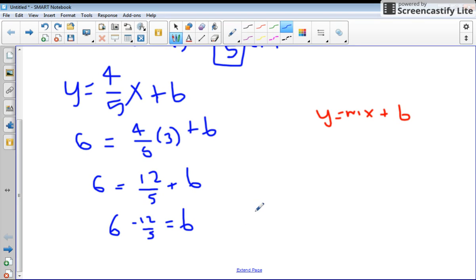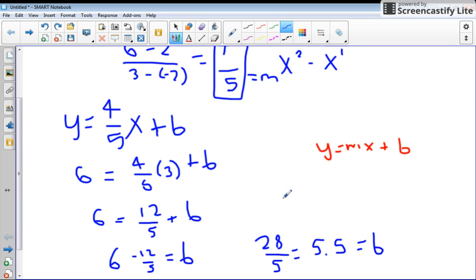I think it actually is going to end up being something like 28/5, which is a hair over 5.5.